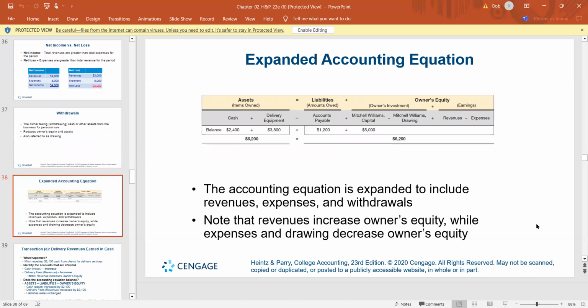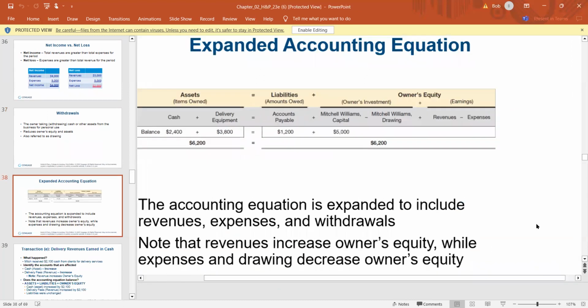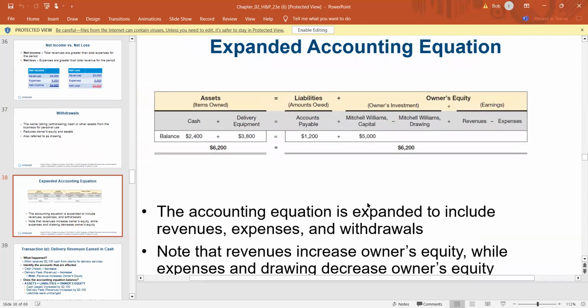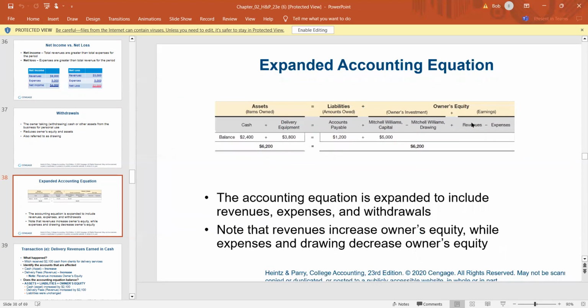Notice this expanded, we'll call it an expanded accounting equation. Assets equal liabilities plus owner's equity. Notice owner's equity now has two components, capital and drawing, and it's also impacted by revenues, which increase the owner's equity, and expenses, which decrease it.